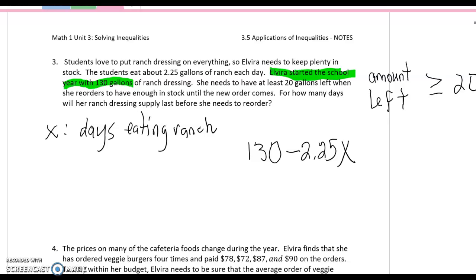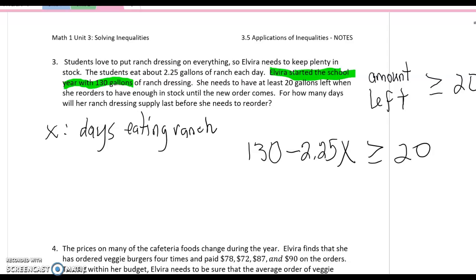So we're starting with 130 gallons, and because the kids are eating this ranch, we're going to subtract. So this represents the amount of ranch that's left. We started with 130. Kids are going to eat 2.25 gallons per day. So we're going to subtract that.